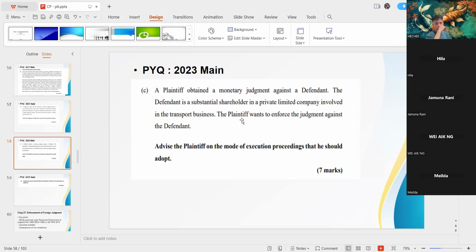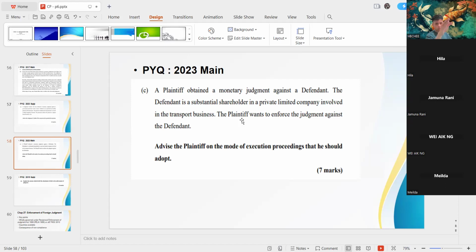Okay. I think this one, we have to talk about the company law again. Under the company law, separate legal entity, so that you are suing a defendant.